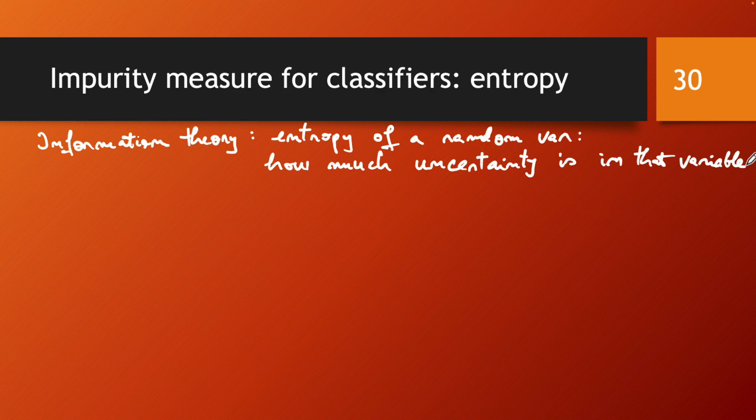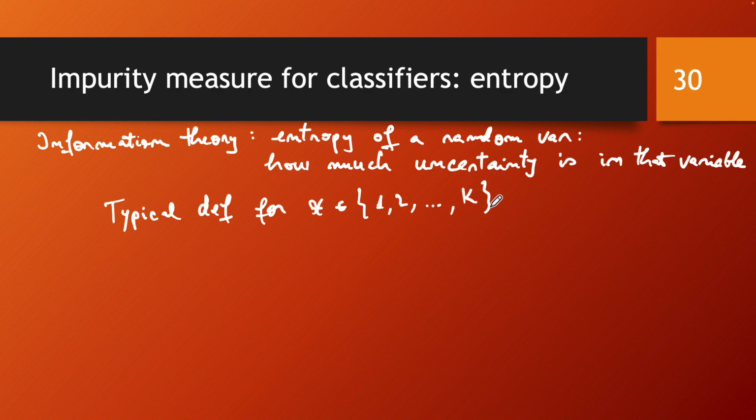And the typical definition of entropy for a discrete variable, so for a variable that takes values from 1 to k, is defined in information theory as H(X) equals the sum from 1 to k.